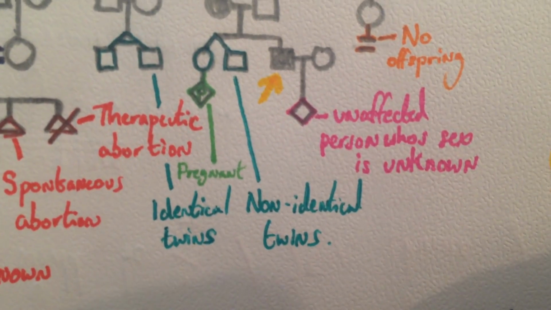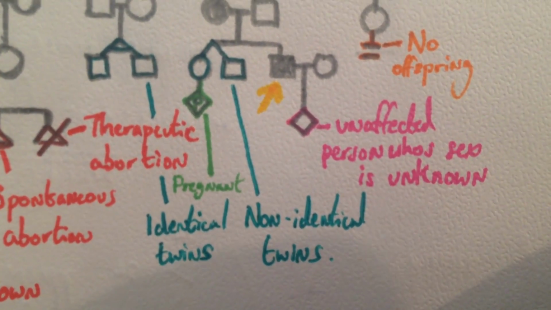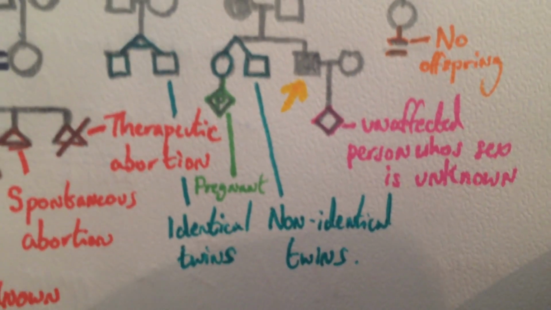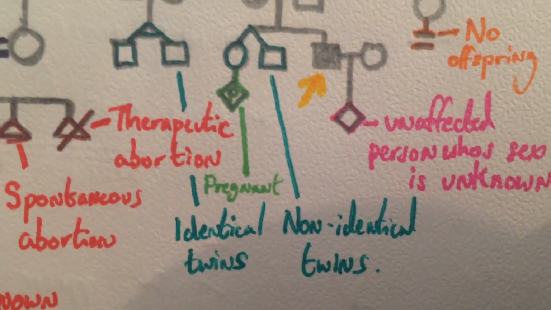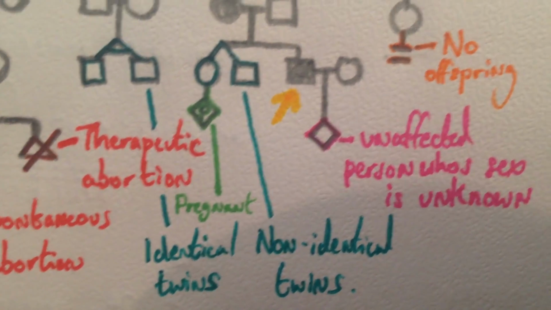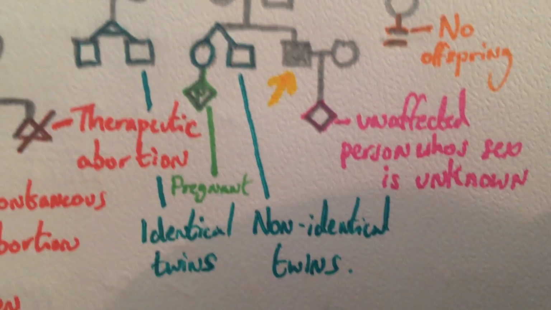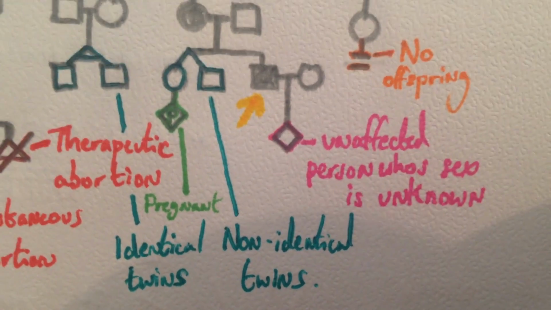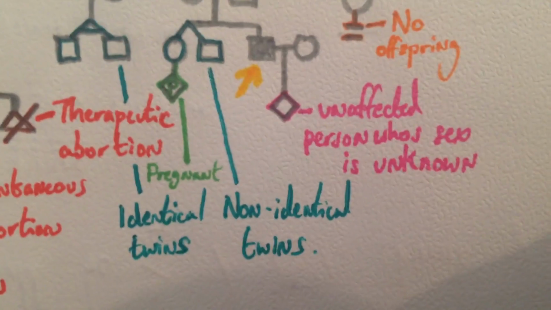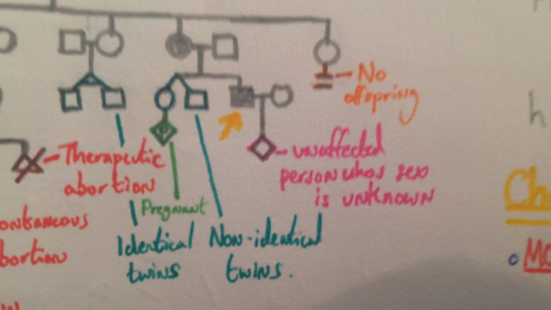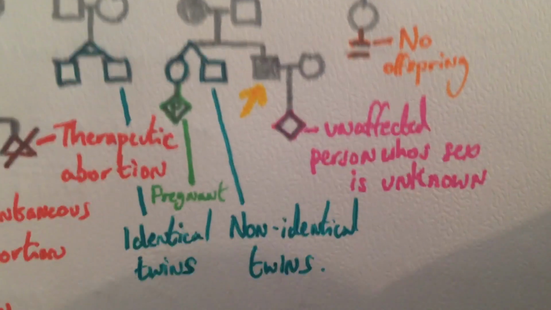The triangle with the two lines, I have no idea how to explain it, the pyramid I guess, means identical twins, and just two lines between them means non-identical twins. The period in the diamond means pregnant, and the unaffected person whose sex is unknown is just a single diamond, and no offspring is those two lines.